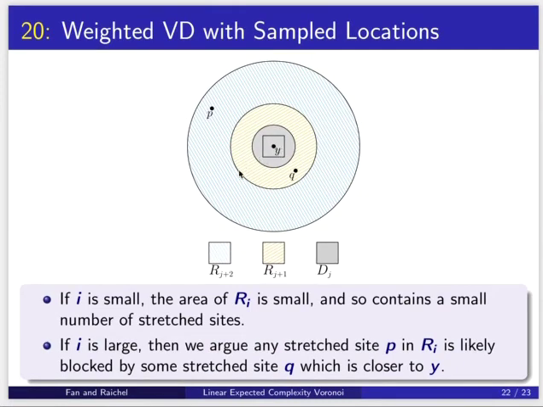If I is small, the area of annulus I is small, so it contains a small number of stretched sets, since the sets are uniformly distributed. If I is large, then any stretched set P in this annulus is likely to be blocked by some stretched set Q, which is closer to y. That means its contribution can also be bounded.